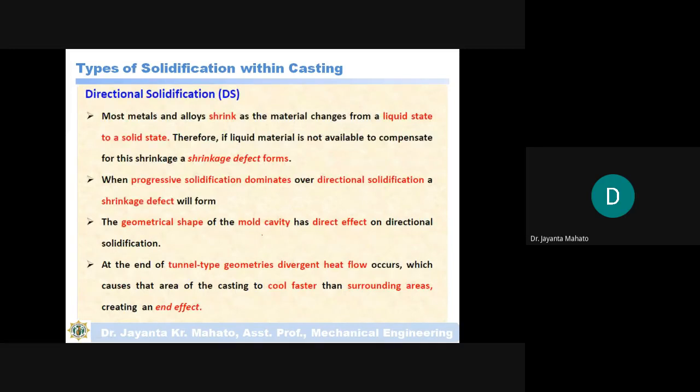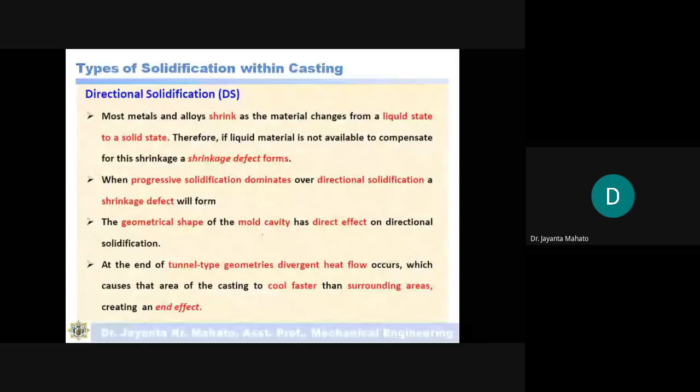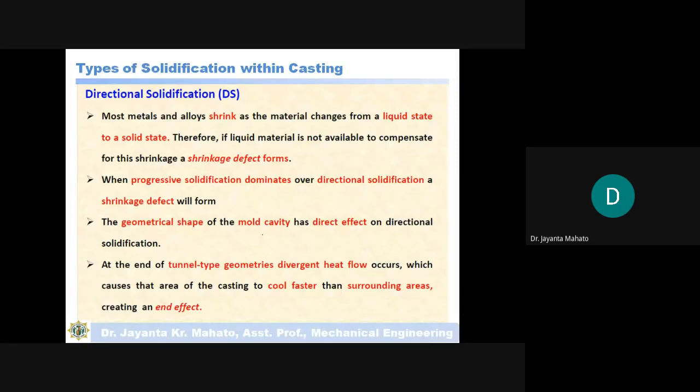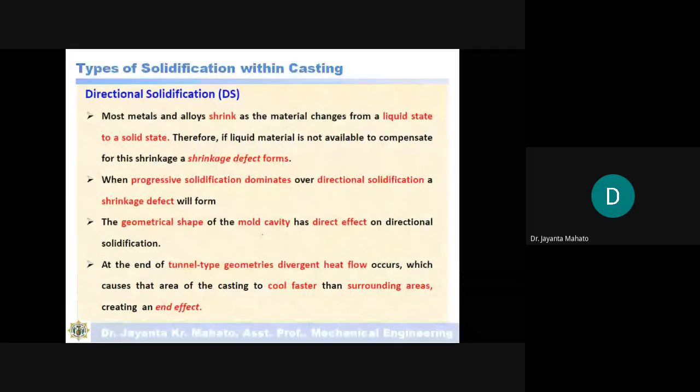In case of directional solidification, most metals and alloys shrink as the material changes from a liquid state to the solid state. Therefore, if liquid metal is not available to compensate for the shrinkage, a shrinkage defect will form. So in this case, shrinkage will occur, and if shrinkage allowance, that I told in the previous class, is not provided within the mold cavity, then shrinkage defects will form.